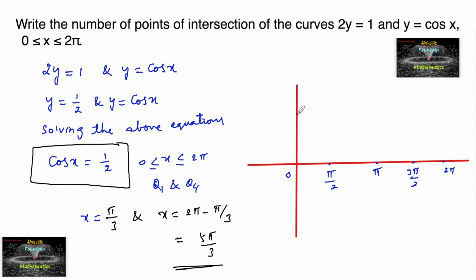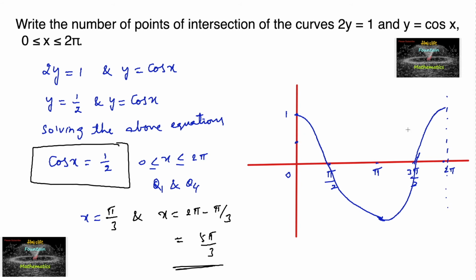So this is the graph of cos from 0 to 2 pi, and y equals half.